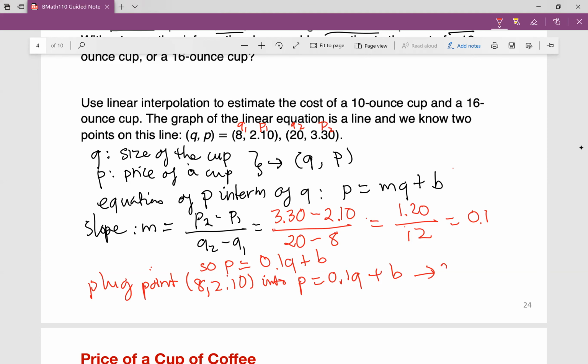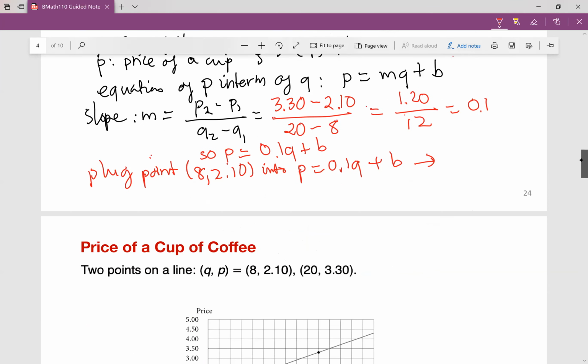P now becomes 2.10. No, I'm gonna write down here. Let's see if I have enough space.